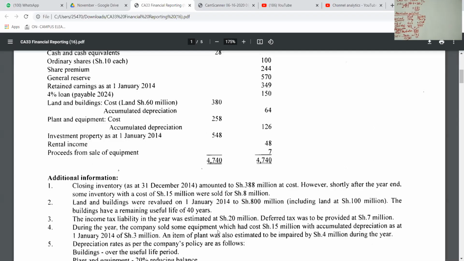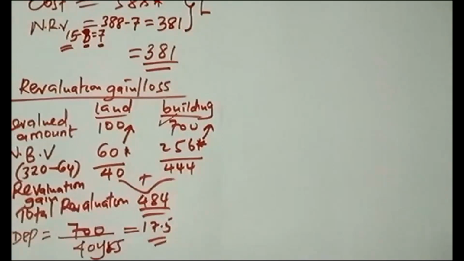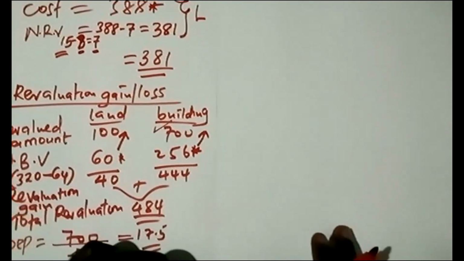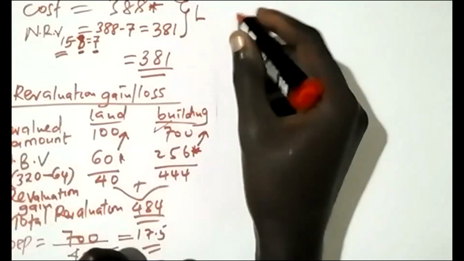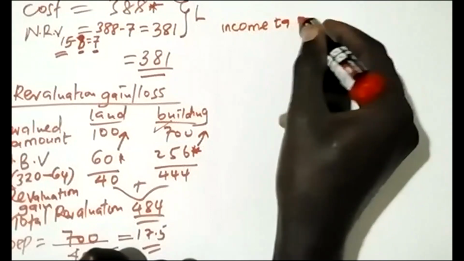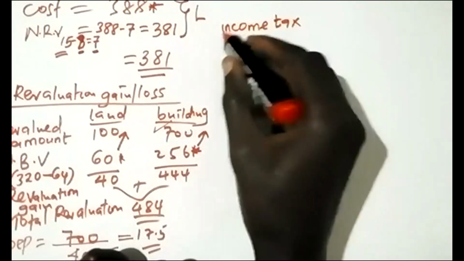So let's move to note 3. They said that the income tax in the year was estimated to be 20. Deferred tax was provided at 7. When you see a statement of that kind concerning tax, you can write a formula, because in some questions you might find other items than what has been provided.